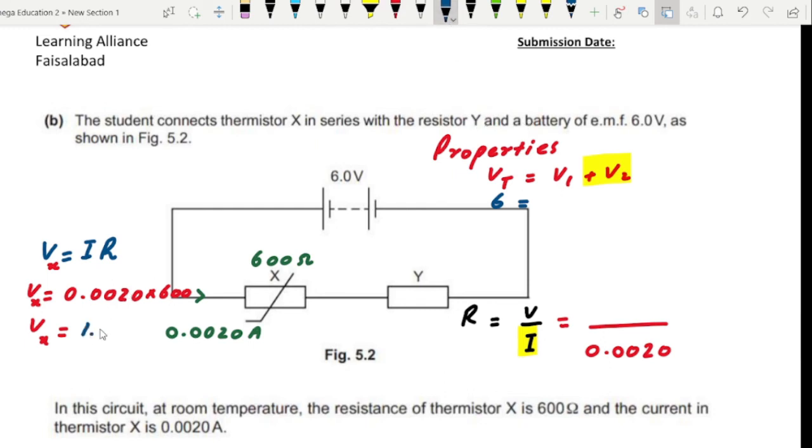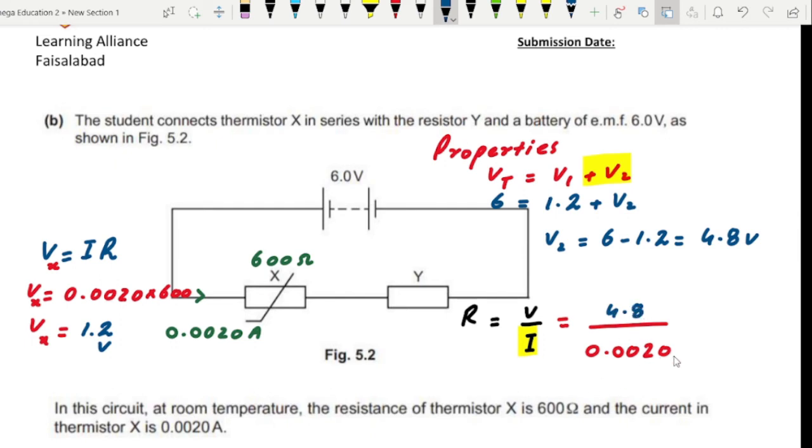So out of these 6 volts, 1.2 is being supplied to the component X. So we write 1.2 over here plus V2, and V2 would be the difference of these two, 6 minus 1.2, which is 4.8 volts. You write 4.8 volts over here.